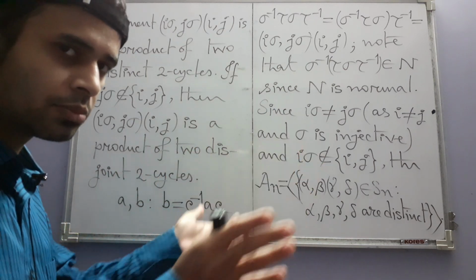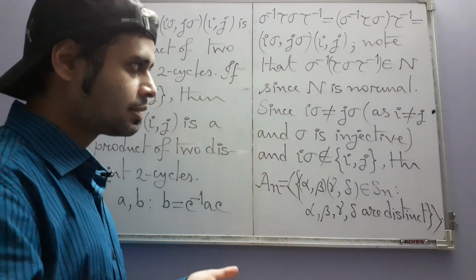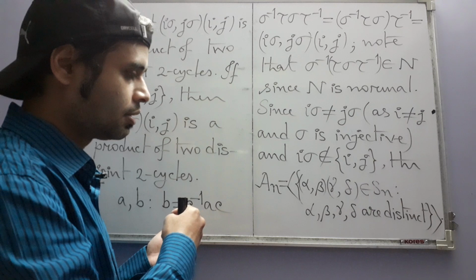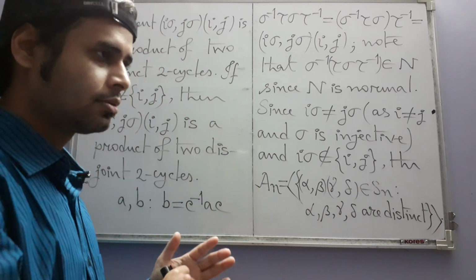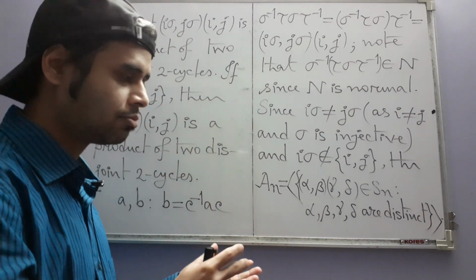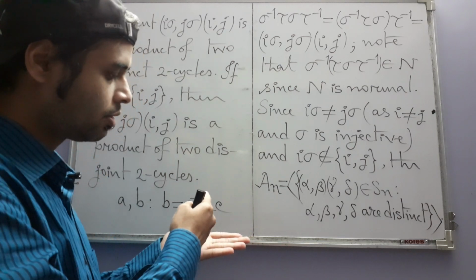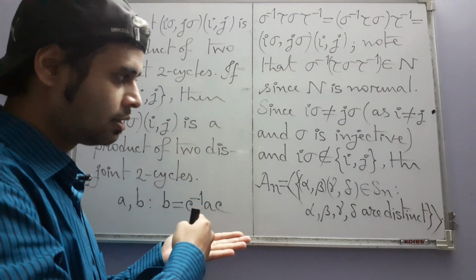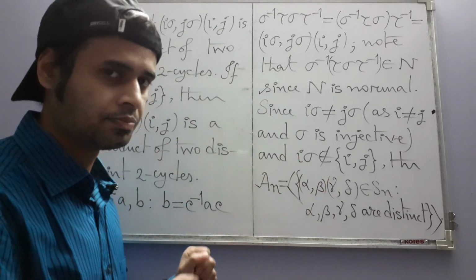That means they form a conjugacy class. Another conjugacy class would be, for example, the class formed by all three cycles. Then maybe there is another such class where we have those types of permutations, each of which is a product of two disjoint cycles. One of them is a 3 cycle and the other one is a 2 cycle disjoint.